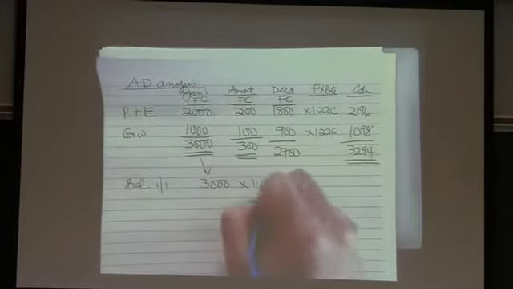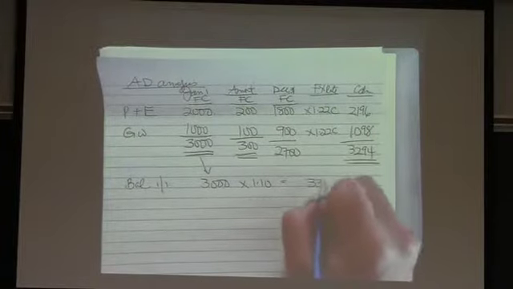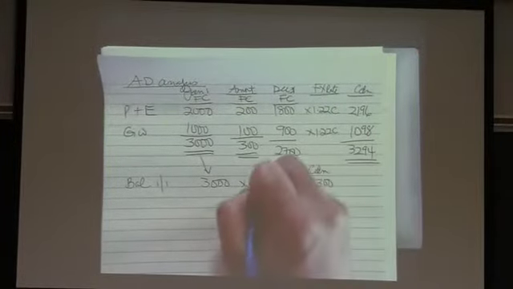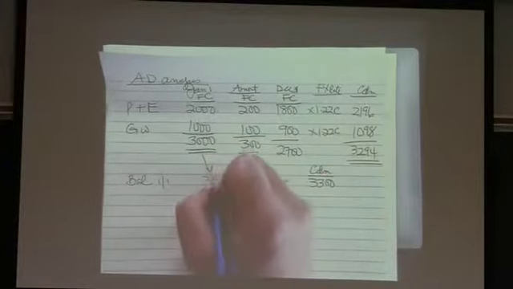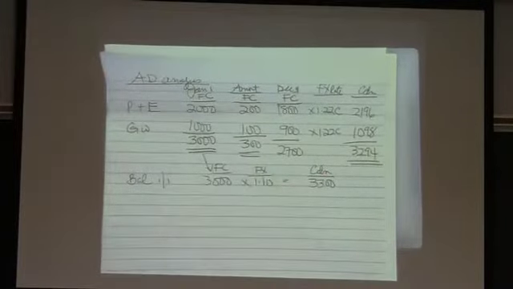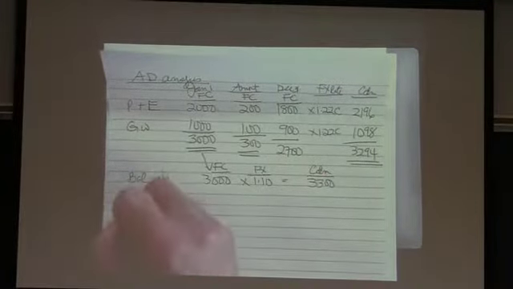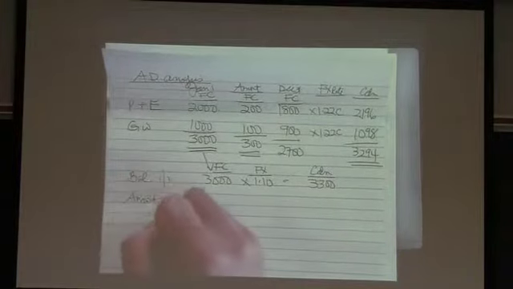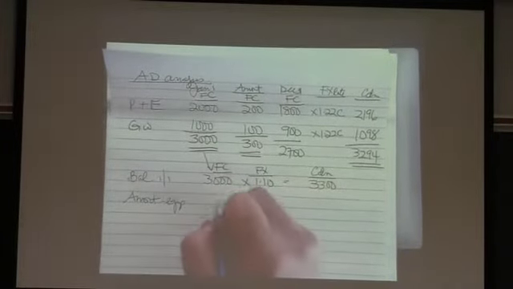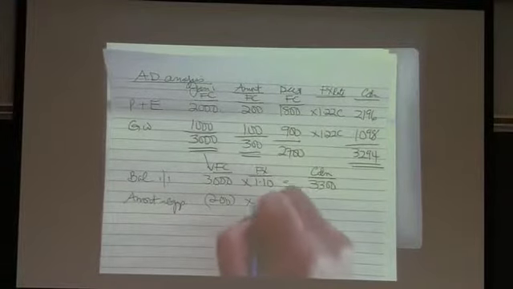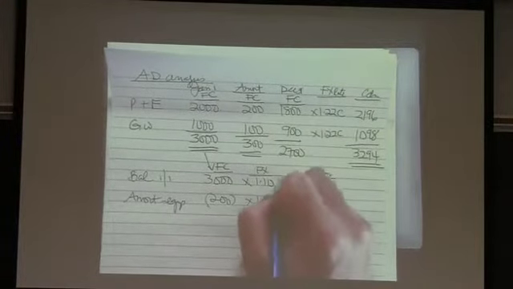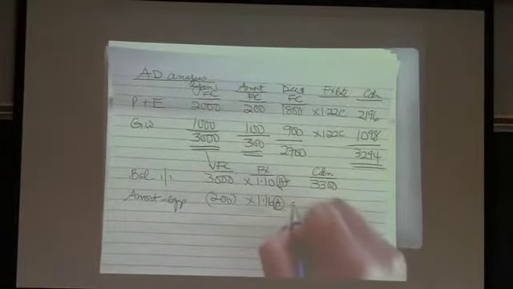Times 1.10 gives us 3,300. This is Canadian dollars, and this is foreign currency. Now, the amortization for the equipment we know was 200, and we're going to use an average rate of 1.16.